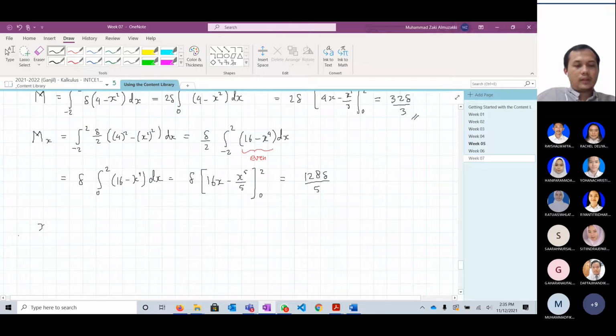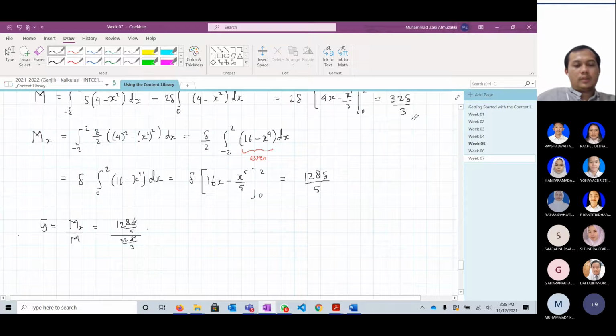Then we have that, okay. Then y bar is mx per m, which is 128 delta over 5 divided by 32 delta over 3.